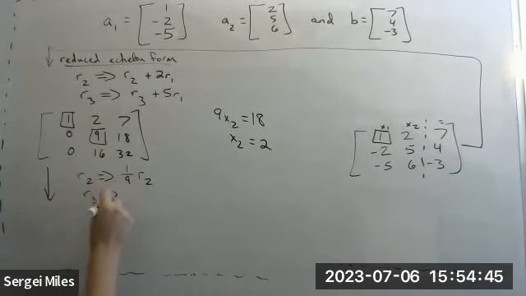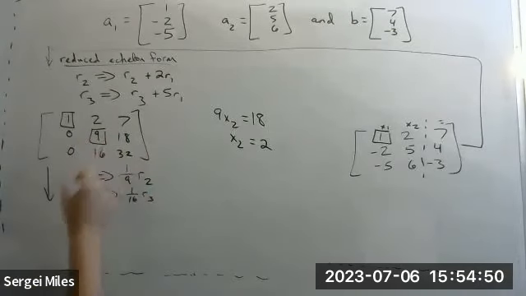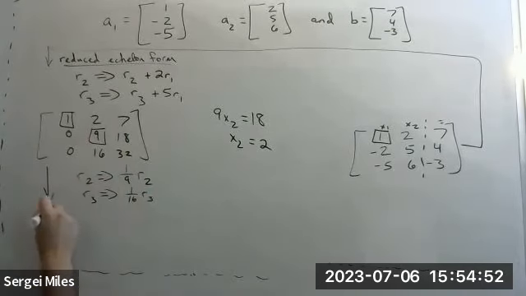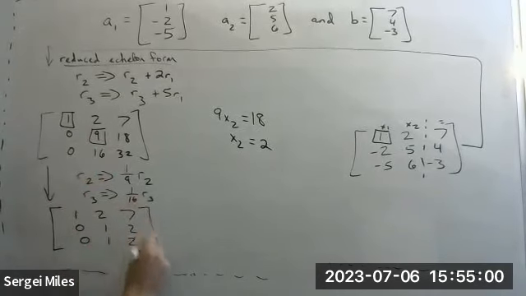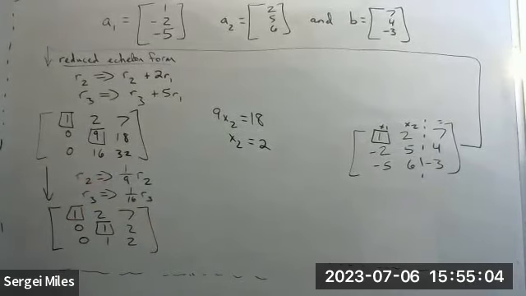We can go ahead and divide row 3 by 16, just so that we don't have these really big numbers to deal with. So our new matrix will be 1, 2, 7, 0, 1, 2, 0, 1, 2. And now it's much nicer and more manageable to deal with.